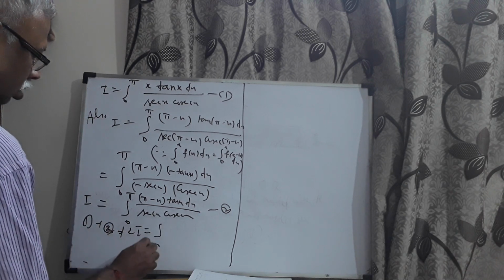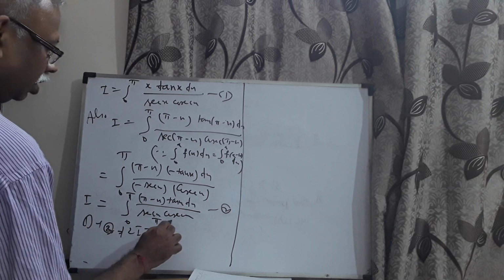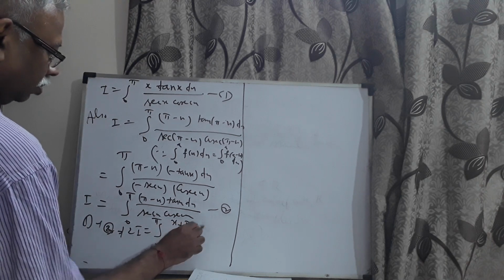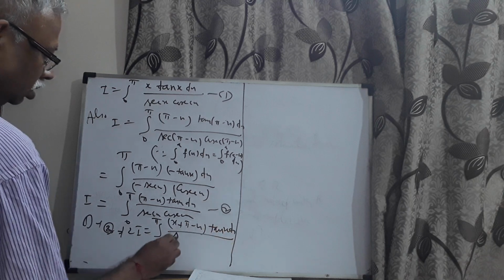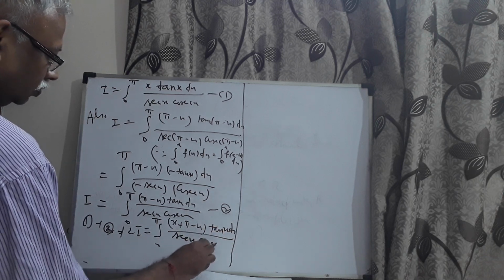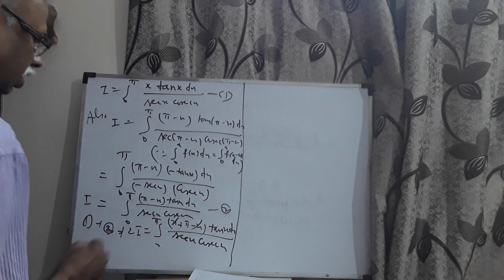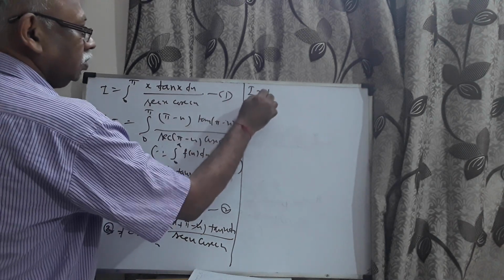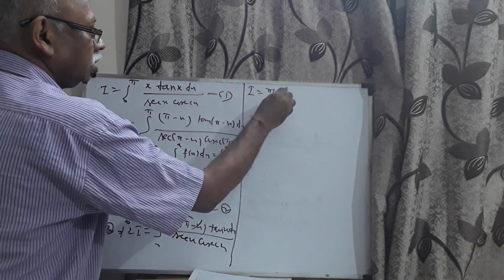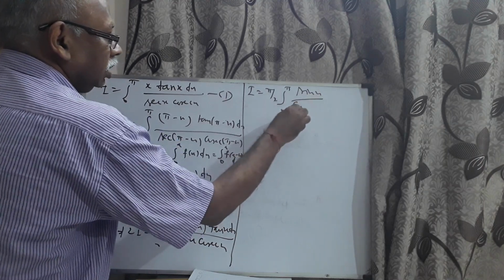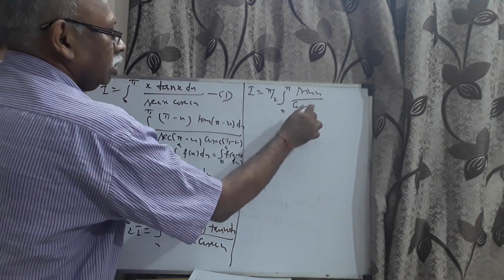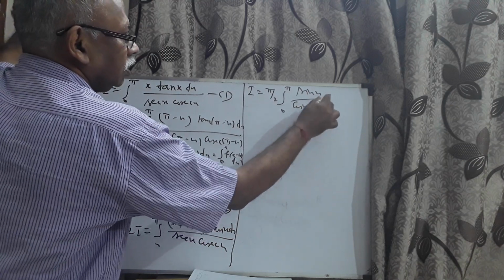LHS is 2I. On the RHS I'll be able to add x plus (pi minus x) times tan x dx by secant x cosecant x. This x will anyway get cancelled. I is equal to pi by 2 integral 0 to pi. I will write this as sin x by cos x into 1 by cos x.